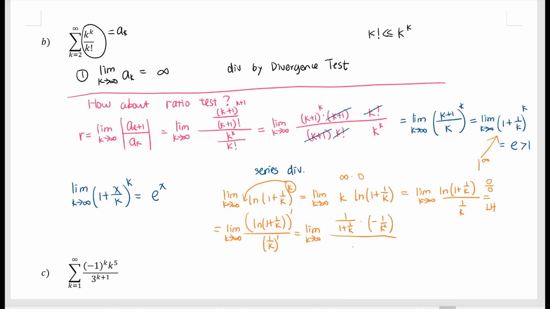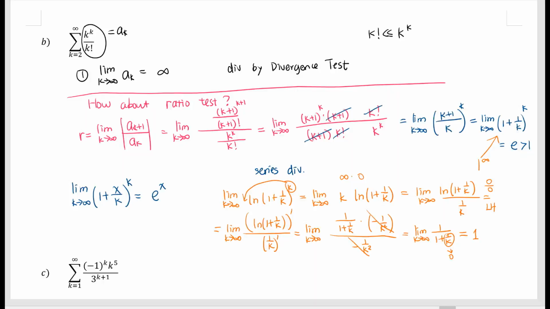The bottom, same thing. Can you see that these guys cancel? So we have the limit, k goes to infinity, 1 over 1 plus 1 over k. Well, this guy goes to 0, so this guy goes to 1.